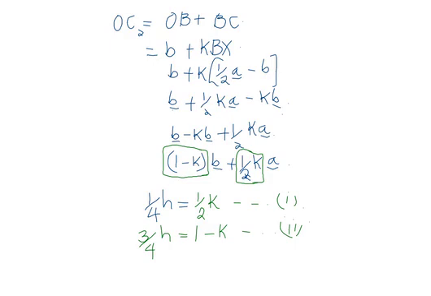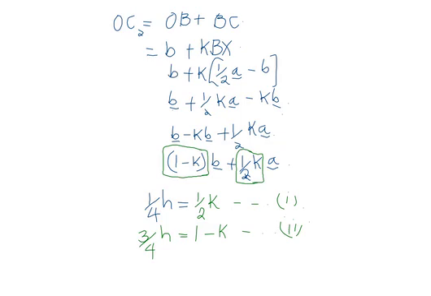We can make h the subject of the formula in the first equation, which is 1 over 4 h is equal to 1 over 2k. So multiply by 4 and multiply by 4, the value of h will be equal to 2k. Then we substitute this value of h in equation 2.